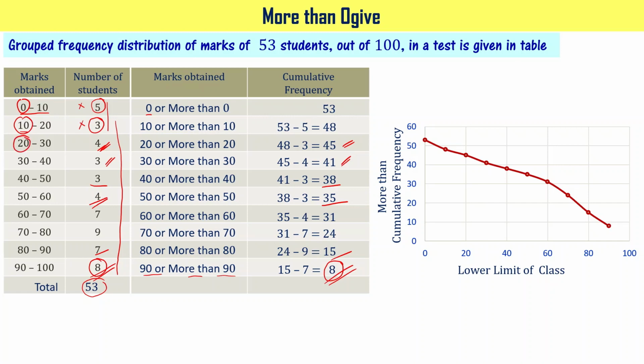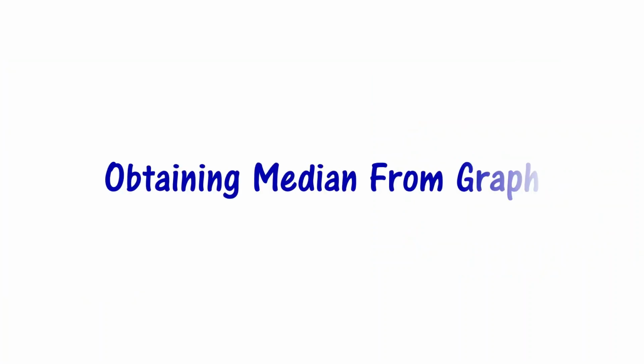And the frequencies are 53, 48, 45 and so on. When you plot this, you get a figure like this, right? This is called more than ogive. It starts with 53 at 0 and ends with 8 at 90, right? Now, let us understand how to obtain the median from the graph.